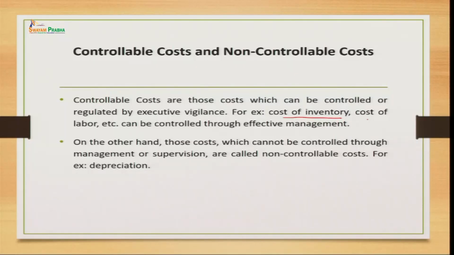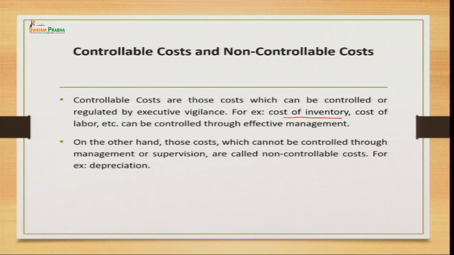Like the cost of labor: sometimes people waste their time talking to each other. If you are not taking proper rounds in your factory, not supervising them, not managing the work, these costs can be incurred, but with proper management and supervision you would be able to reduce them. That is why these costs are called controllable costs.